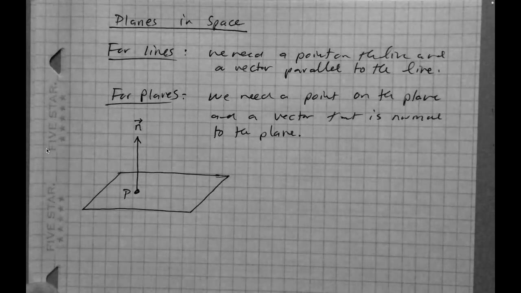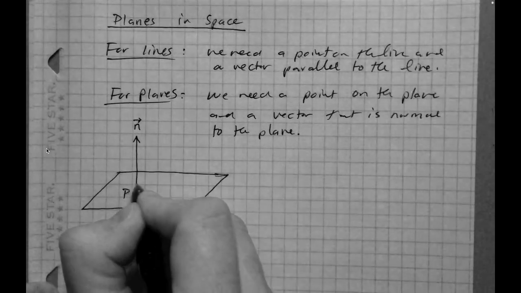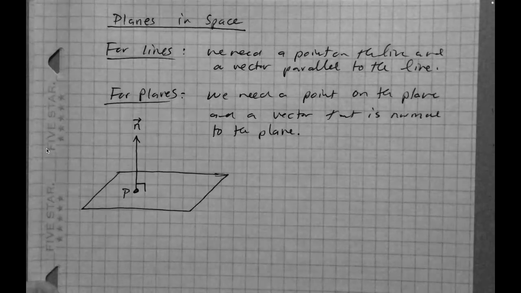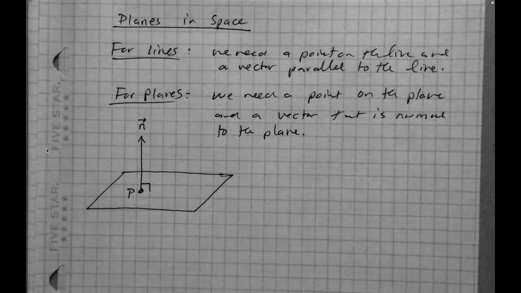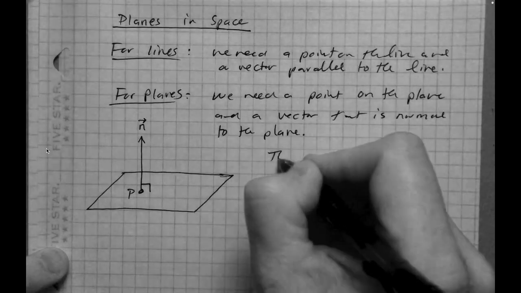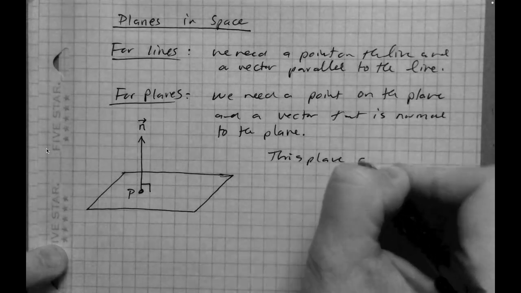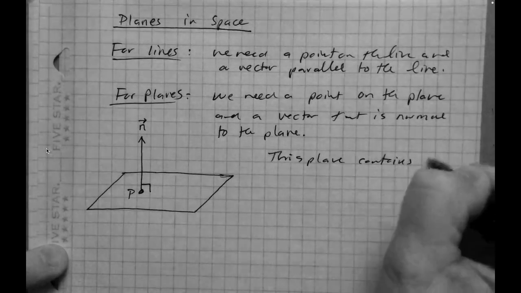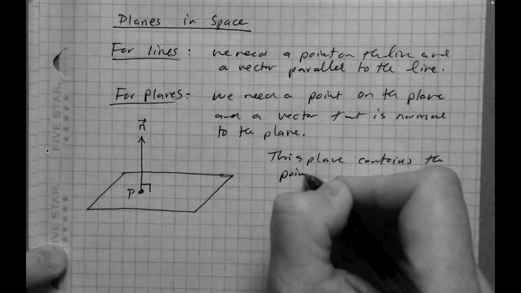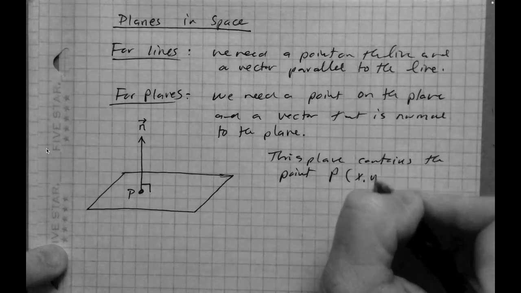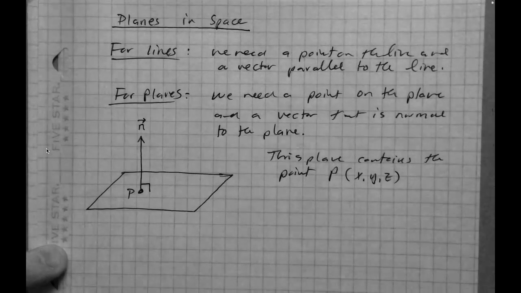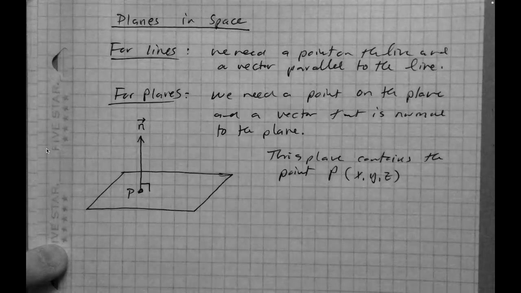And what does that mean? Well, normal, of course, means that it's at a right angle to the plane. So we want to consider a plane like this that contains the point P. This plane contains the point P, and P is (x, y, z).